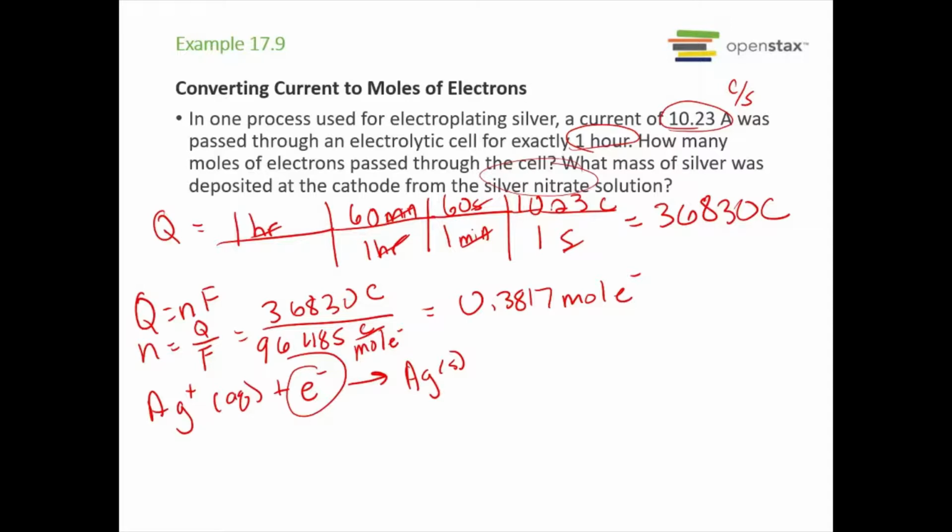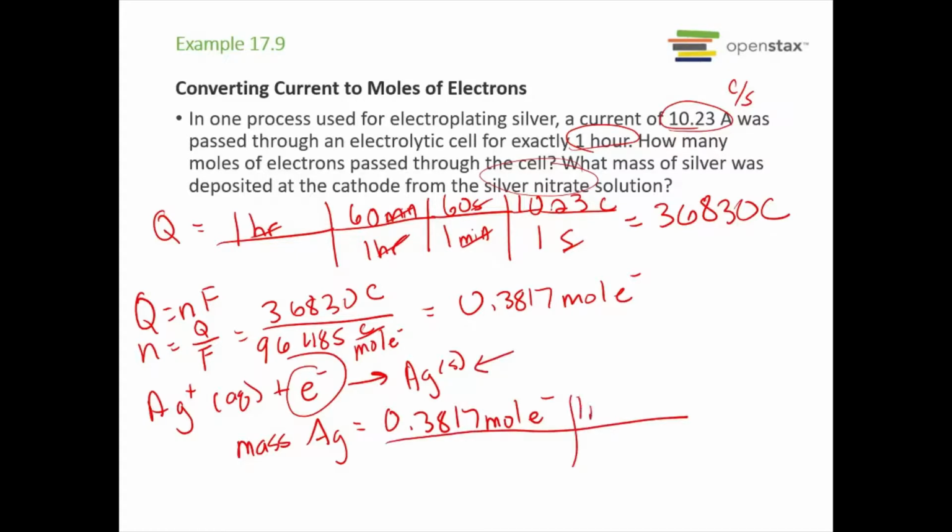So then our mass of silver: we know we have 0.3817 moles of electrons. And we can use this balanced half reaction to know that we make 1 mole of silver for every 1 mole of electrons. And then we now have moles of silver.